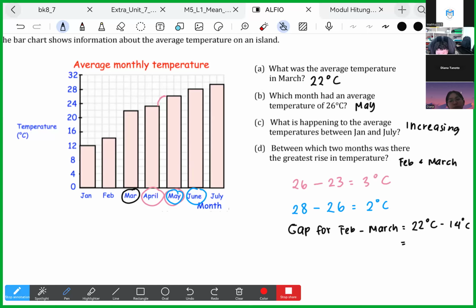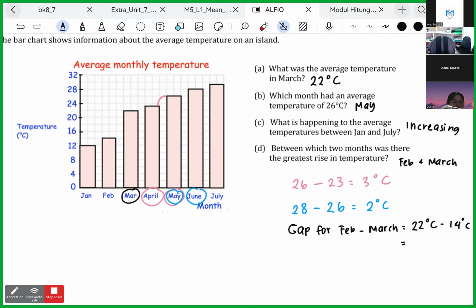Yep. 8. Okay. So it's 8 Celsius. Yang paling tinggi. The greatest rise. Okay, next question.